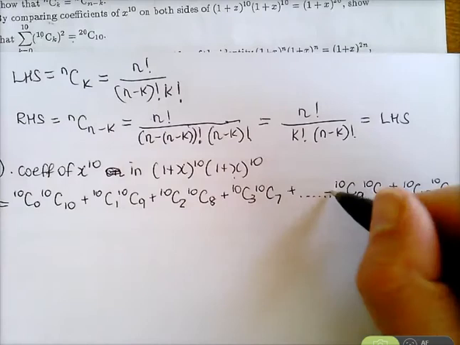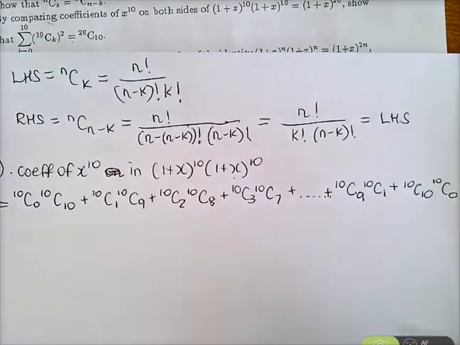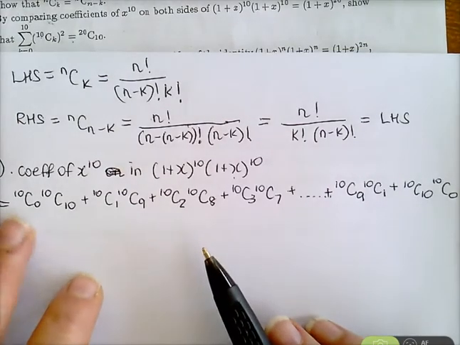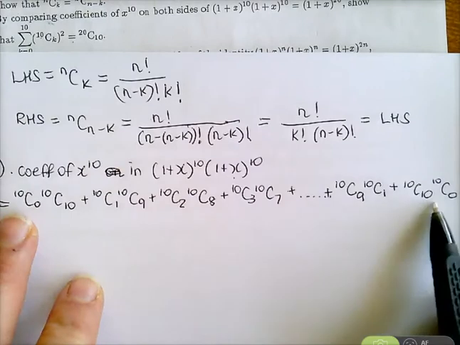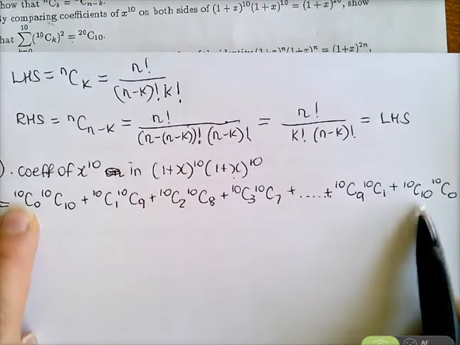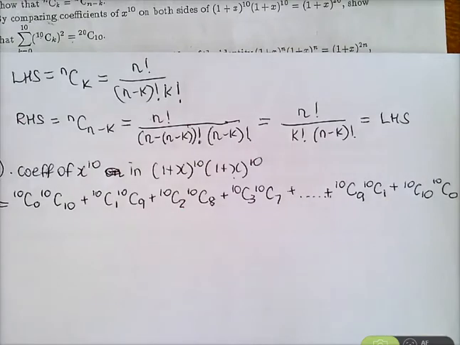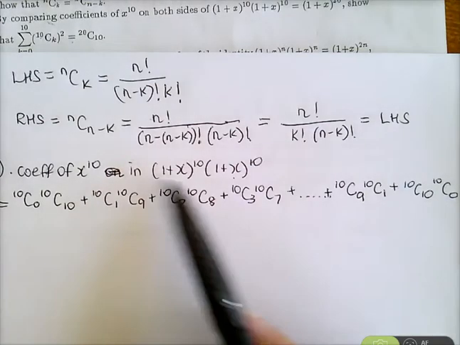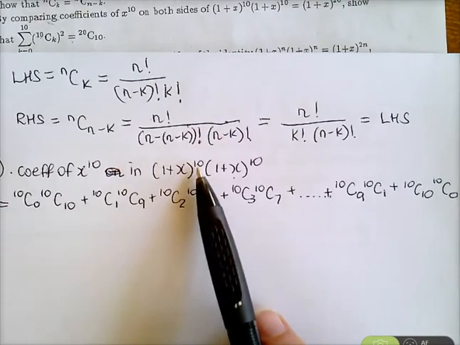Look, you can miss out a few in between. The pattern is obvious. Girls, you're going to have 11 terms because you've got to go from 0 to 10. Remember in an expansion, if you've got (1 plus x) squared, don't you get 3 terms? 1, 2, 1 are the coefficients. (1 plus x) cubed gives you 4 terms: 1, 3, 3, 1 are the coefficients. (1 plus x) to the 10 gives you 11 terms.